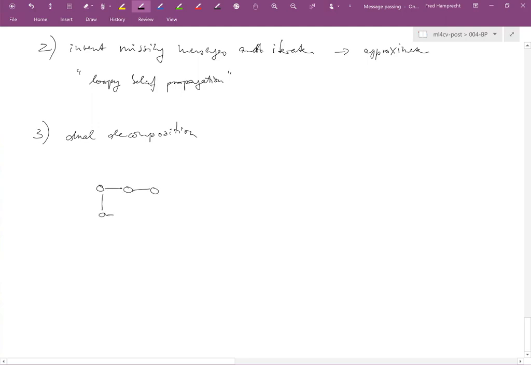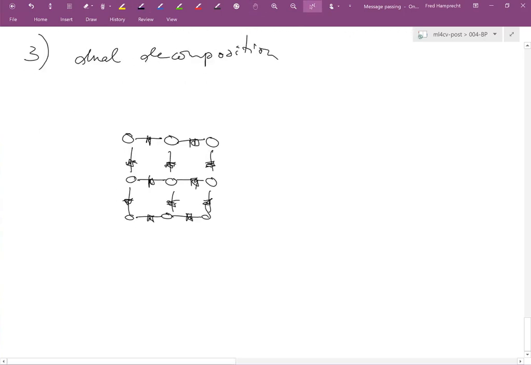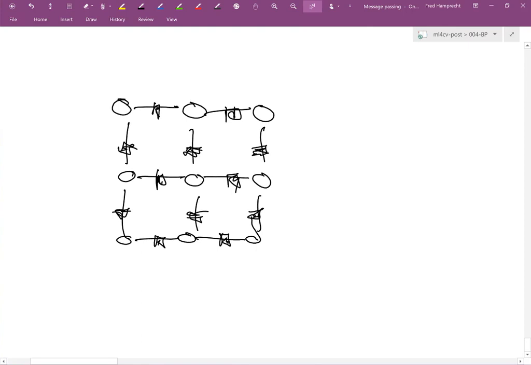Let's just say 9 nodes. And we also need the unary factors.